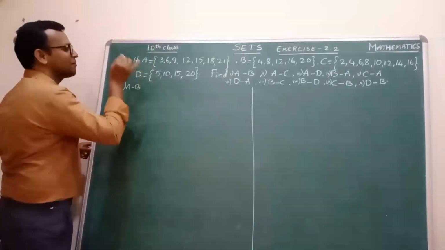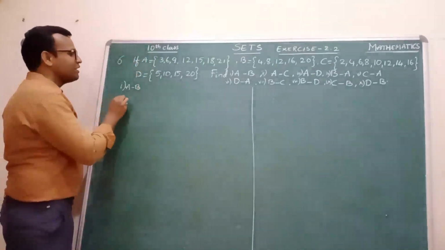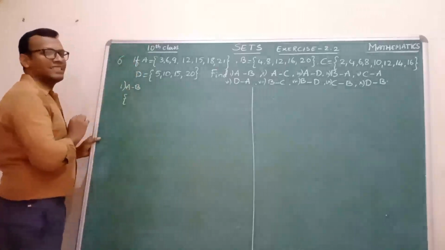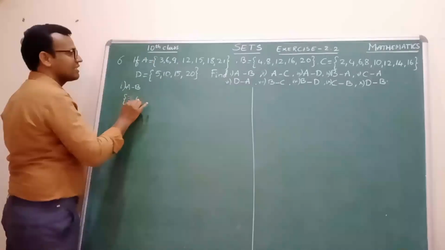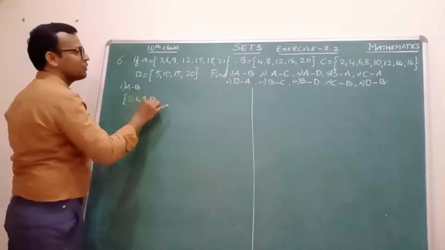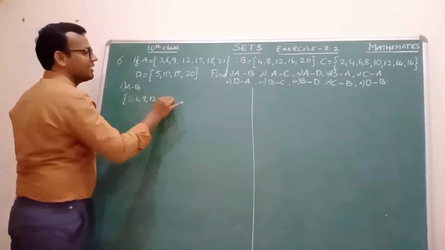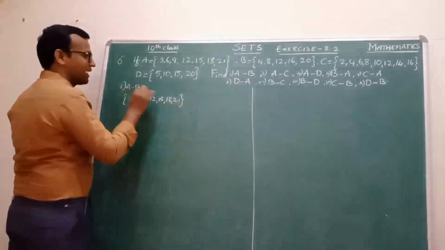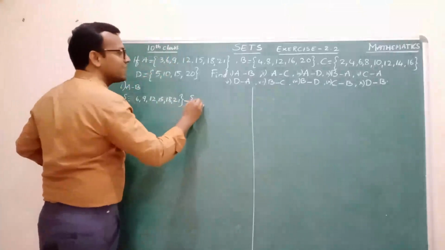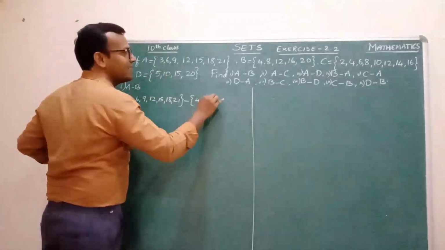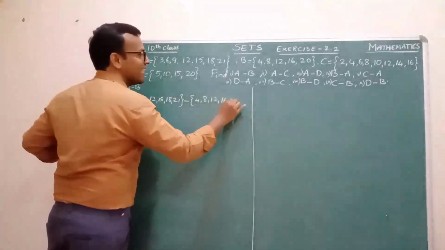A minus B. Let me write here set A: 3, 6, 9, 12, 15, 18, 21 minus B. What is set B? Let me write here 4, 8, 12, 16 and 20.